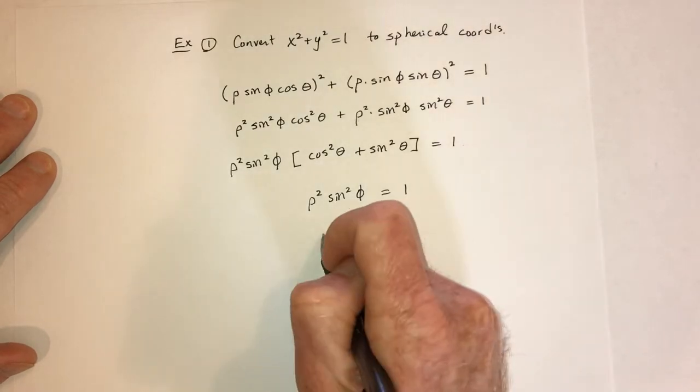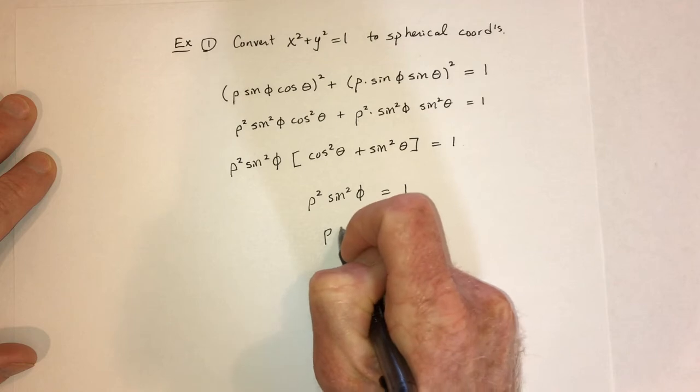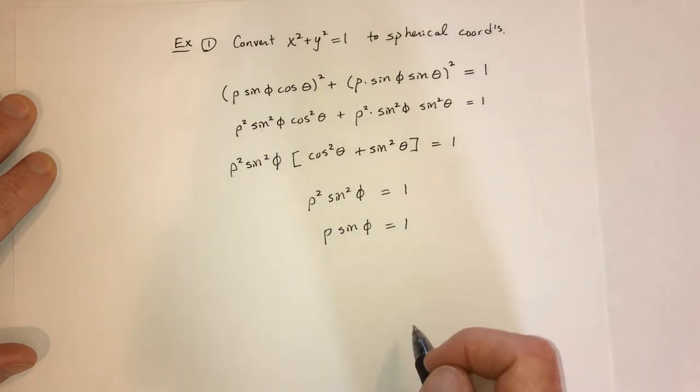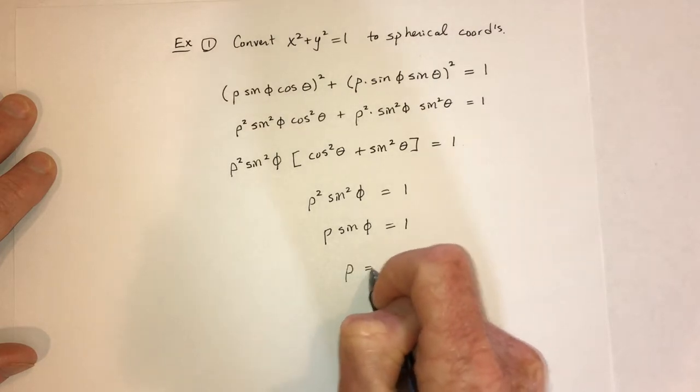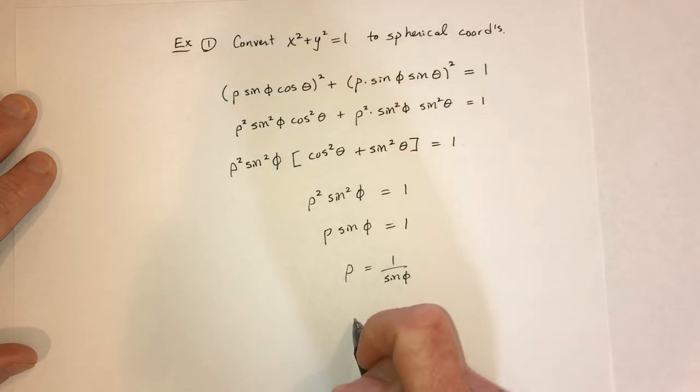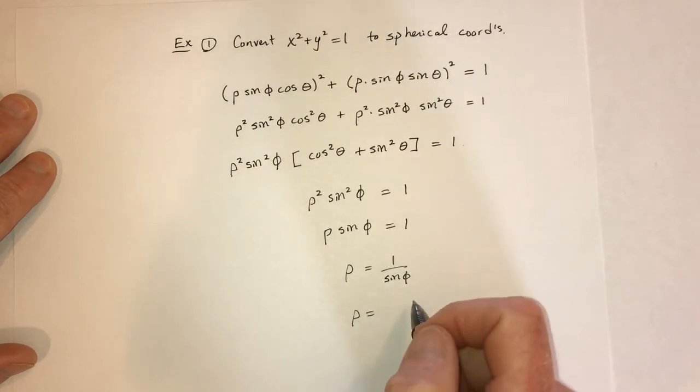To simplify it, we could even take the square root and divide. So in other words, rho equals 1 divided by sine phi.